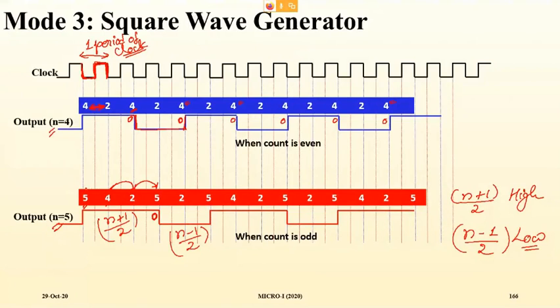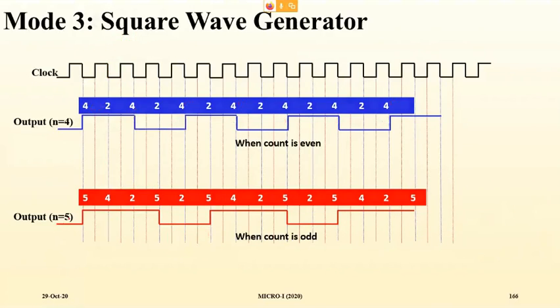Initially this particular part is decremented by 1, and then it will keep on decrementing by 2, so that you can manage this n plus 1 and n minus 1. This is how you generate the output in square wave mode when you have an odd number loaded.